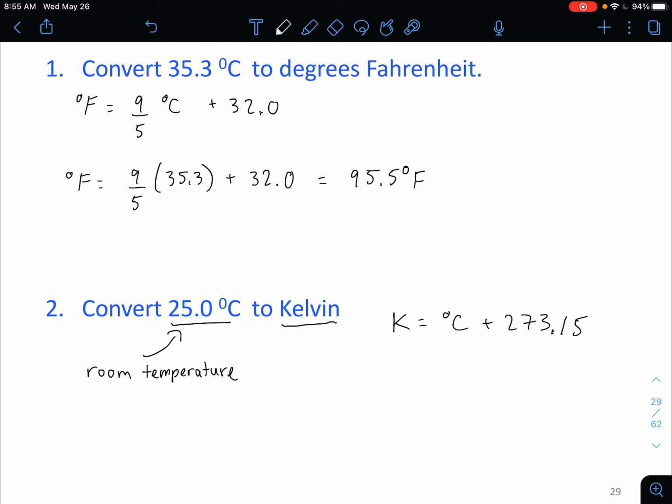Again, we're not worrying about significant figures yet. We'll get to that probably in the next video. I would just plug in 25, add 273.15 to it, and that gives me 298.15 Kelvin. Really, I just wanted to make you feel comfortable with Kelvin, but this 298 temperature is room temperature in Kelvin, so you'll see that value come up a fair amount when we start doing calculations with temperatures in Kelvin.